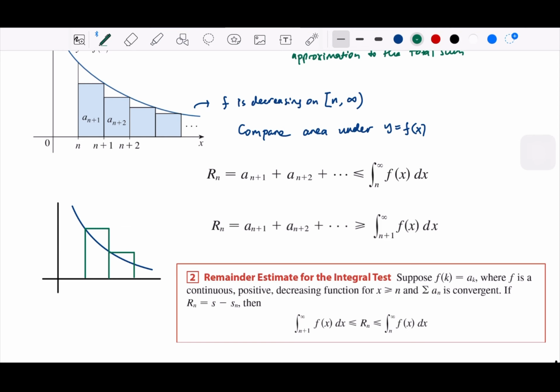So for example, because Rn is S minus Sn, we need to maybe take some n, maybe n equal to 10 for 10 terms. So we need to compute that first as a partial sum, okay. And then we need to take it into this inequality and perhaps take some approximations and find how much error we want.